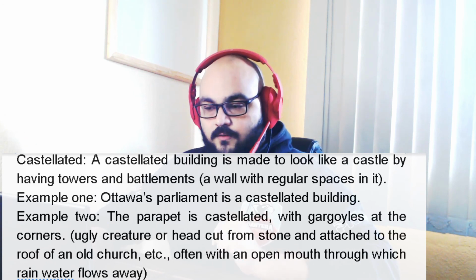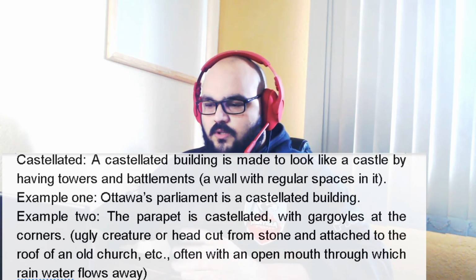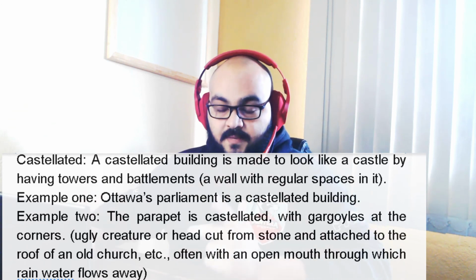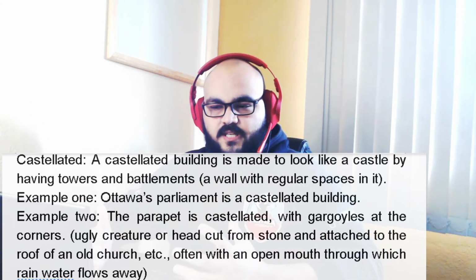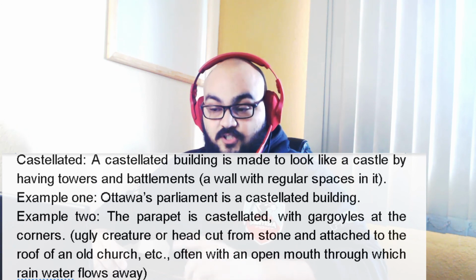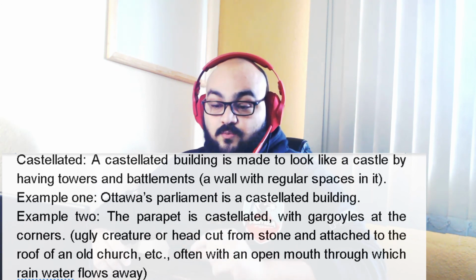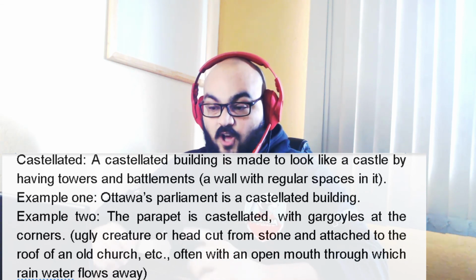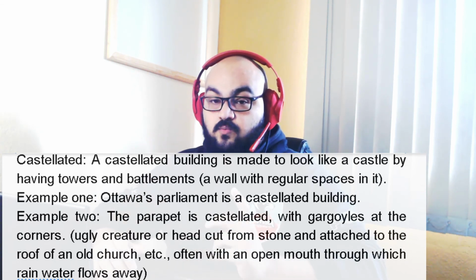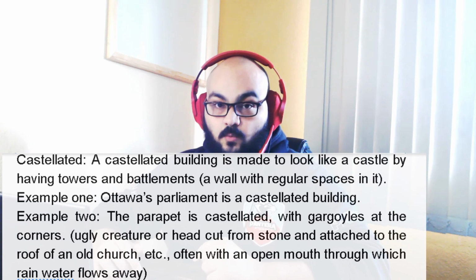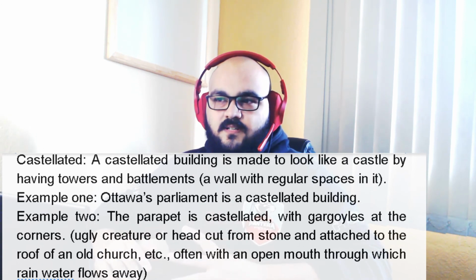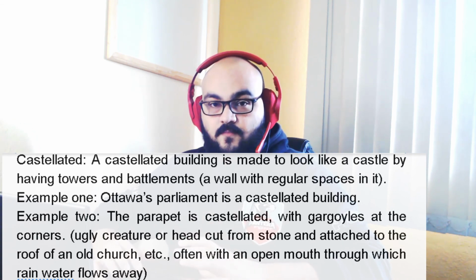And gargoyles, I think you know what gargoyles are. I made a note here for you: a gargoyle is an ugly creature or head cut from stone and attached to the roof of an old church or an old building, often with an open mouth through which rainwater flows away. You see those images, they are often made out of stone, right?